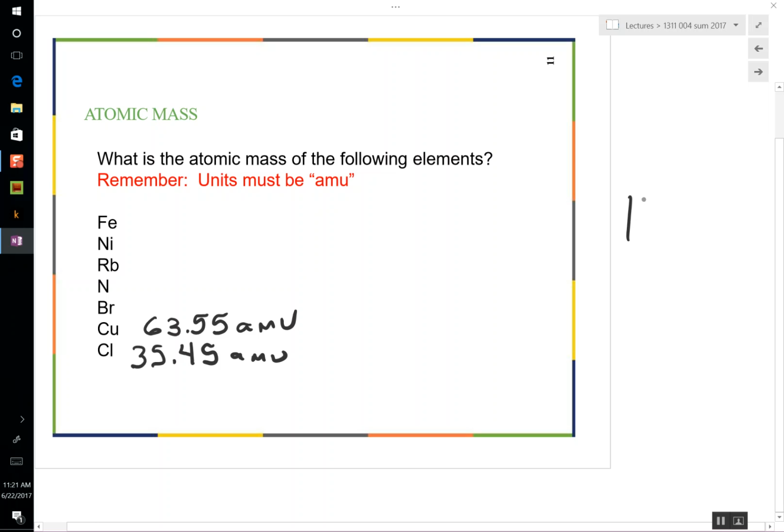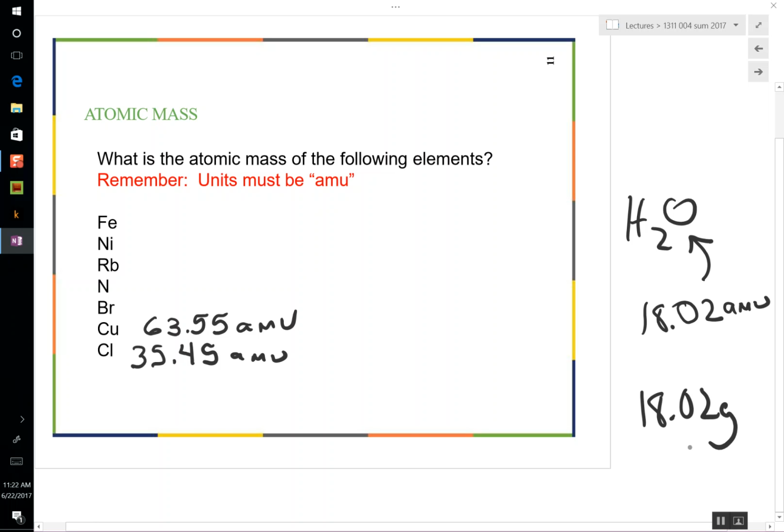Well, molecular weight would be like this. This is a molecule, and it would be 18.02 atomic mass units. That would be the weight of one of these molecules. The molar mass would be that.